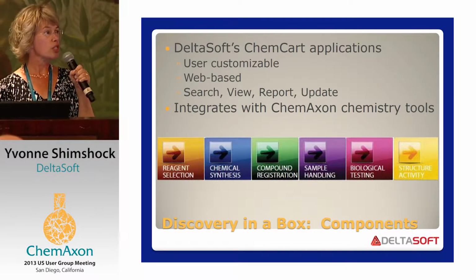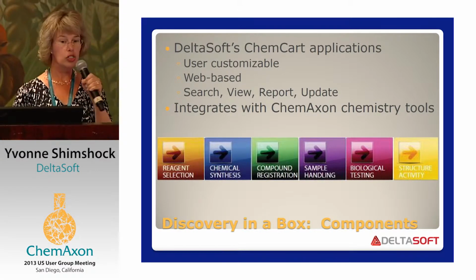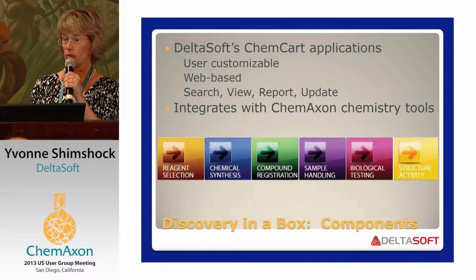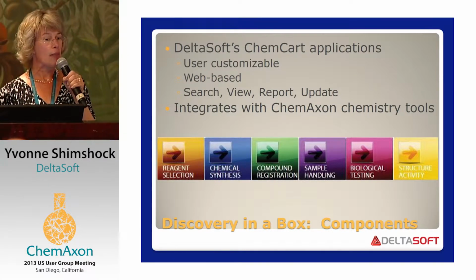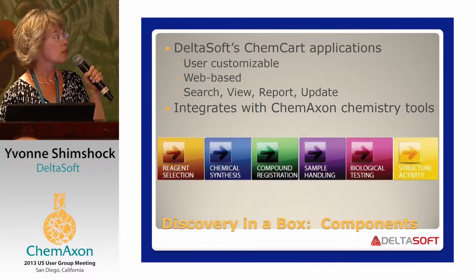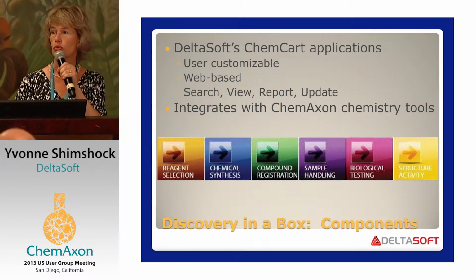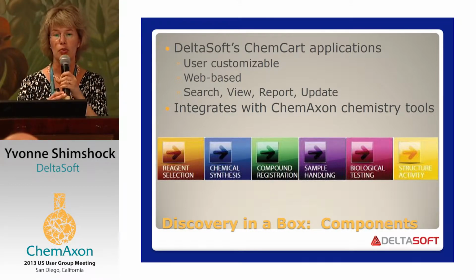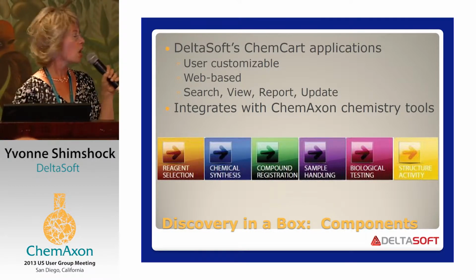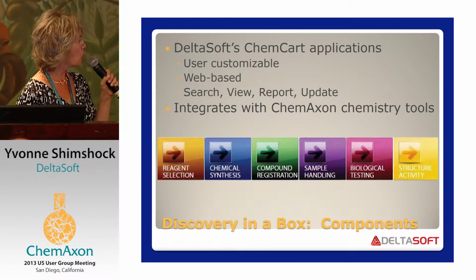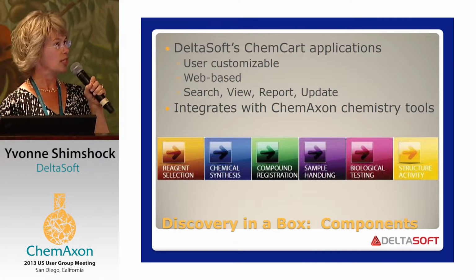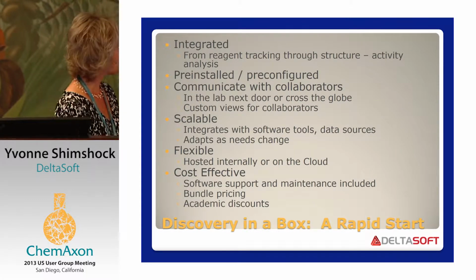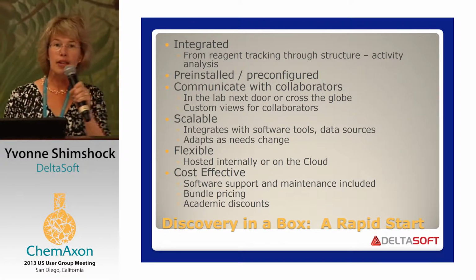Again, these solutions are based on DeltaSoft's ChemCart, so that means they're user configurable, they're web-based, and from any of these applications, from any of these components in the box, you can search, view, report, and update on your repository information. All of these applications integrate with the ChemAxon chemistry tools, and I'll show you exactly where those integrate in just one moment.